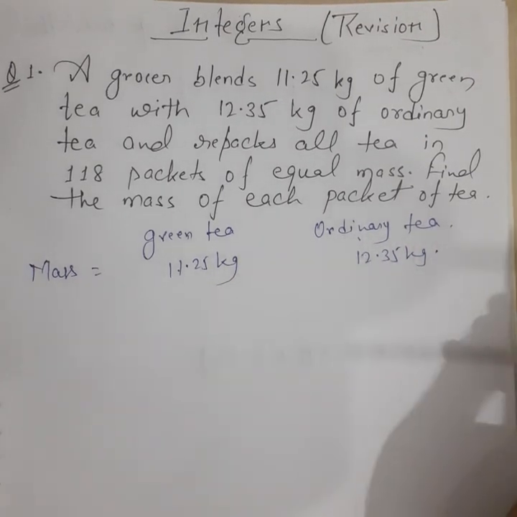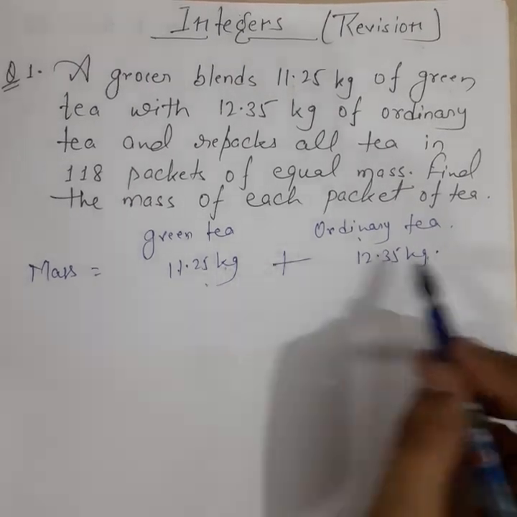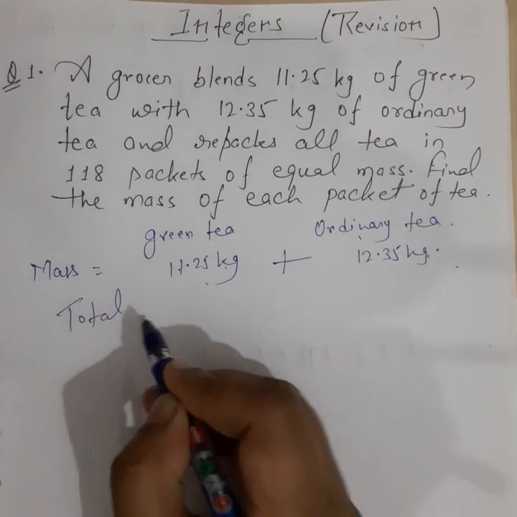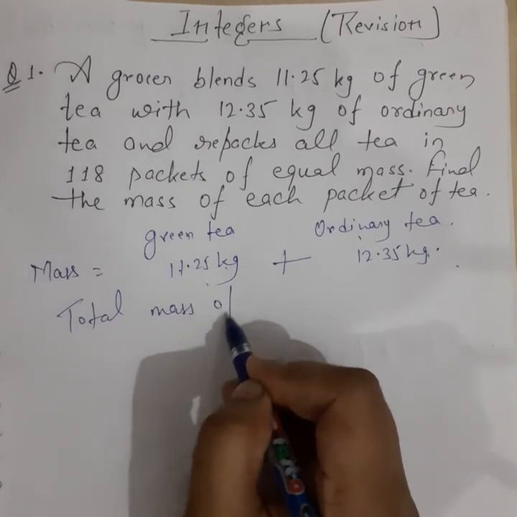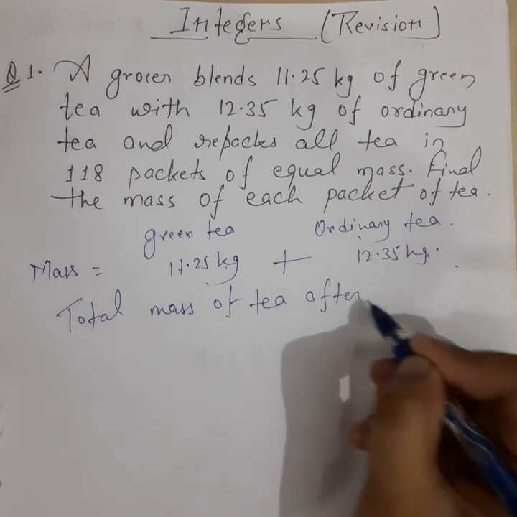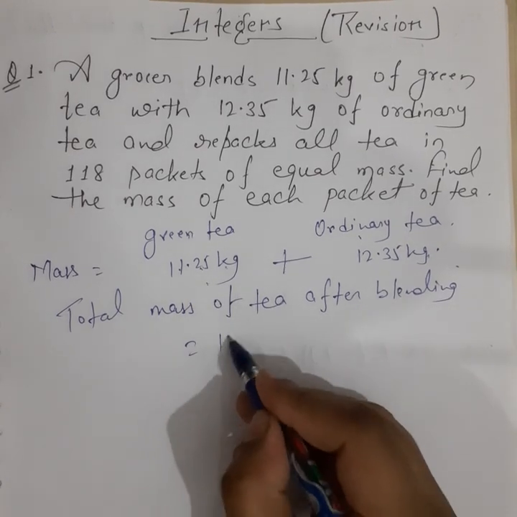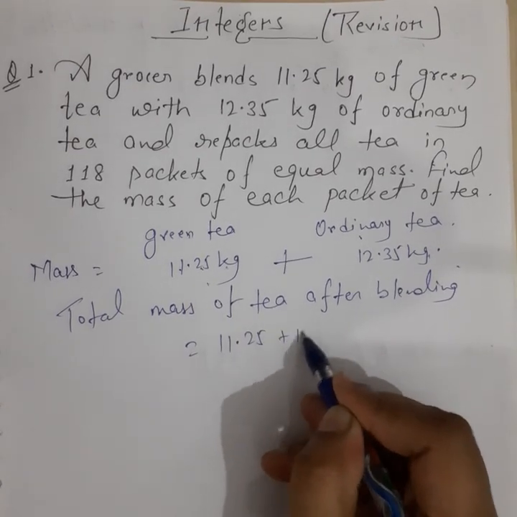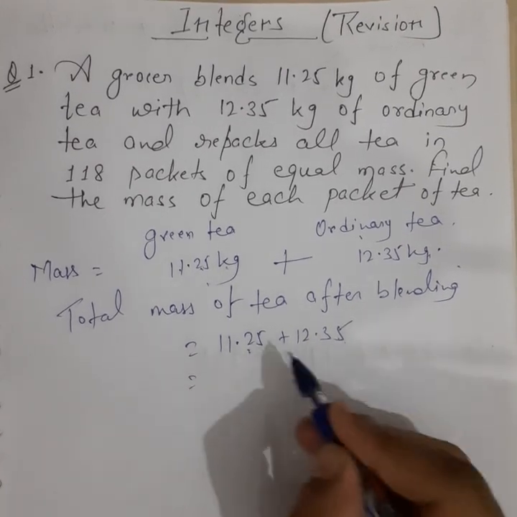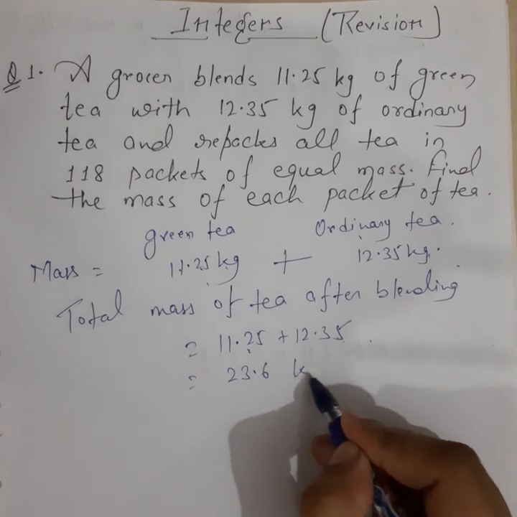The grocer mixes both types of tea. So the total mass of tea after blending is equal to 11.25 plus 12.35. We add both types of tea and by adding we get the result 23.6 kg.